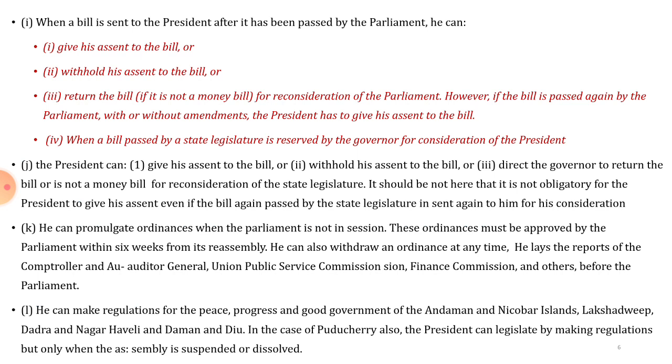When a bill passed by the state legislature is reserved by the governor for consideration of the president, then the president can give his assent to the bill, withhold his assent to the bill, or direct the governor to return the bill, if it is not a money bill, for reconsideration of the state legislature.